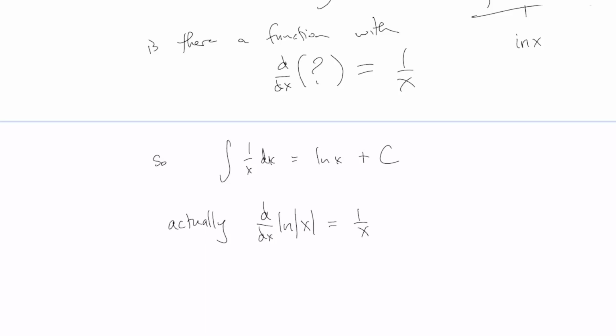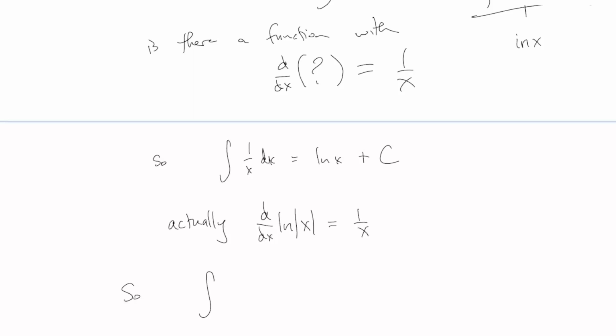This is an obscure fact that I told you a few weeks ago was an obscure fact, and I said this almost never matters, but there is going to be a time in a few weeks when it's going to matter. This is that time. I don't know if you remember this obscure fact. What's better about this is that both sides allow x to be negative, because on the left side, if x is negative, you immediately take the absolute value, and then it doesn't matter anymore.